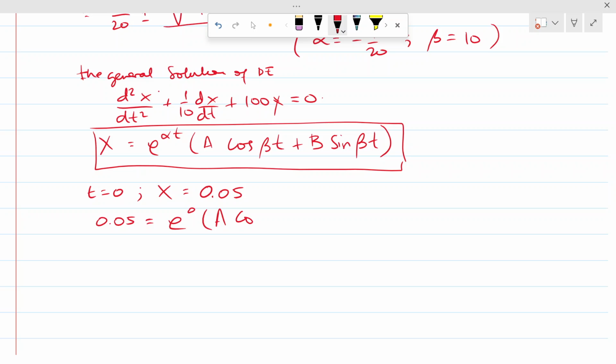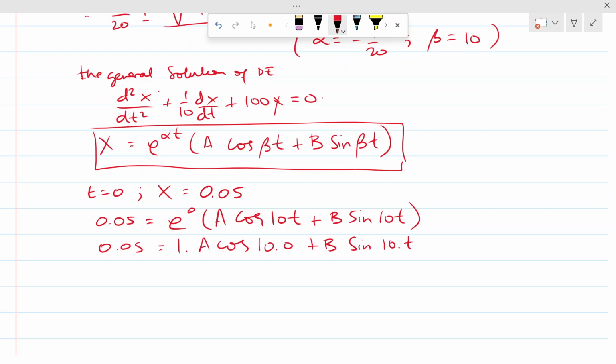Plug in our beta, which is 10: A cos 10 times 0 plus B sin 10 times 0.